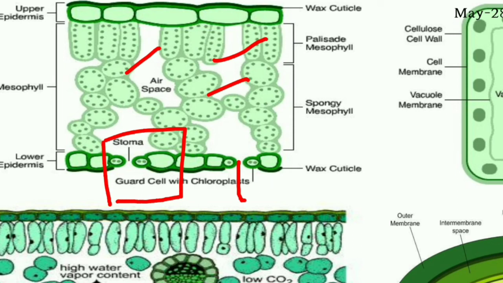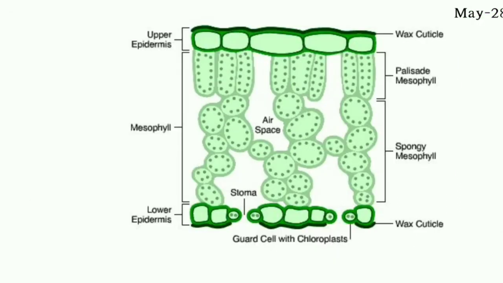We can find the exchange of gases here: whatever carbon dioxide is to enter will enter the plant leaf through the stomata. How this takes place, we will learn here. There are different kinds of cells, and the entry and exit of the gases depends on the concentration of the gases.